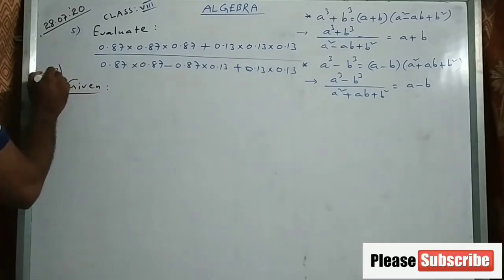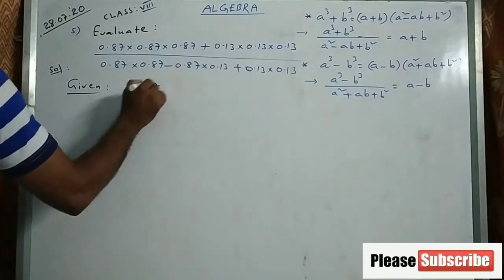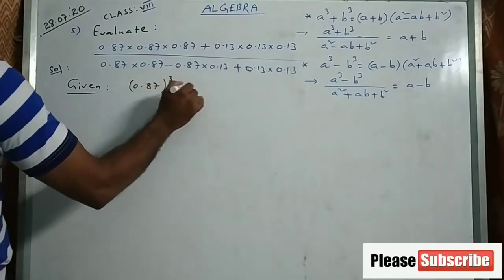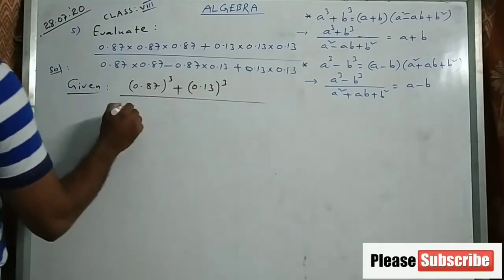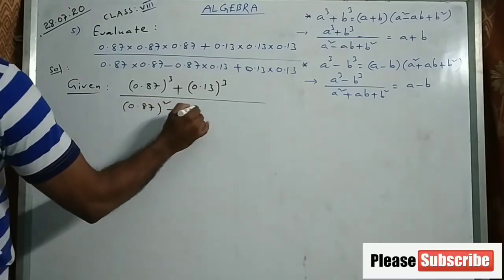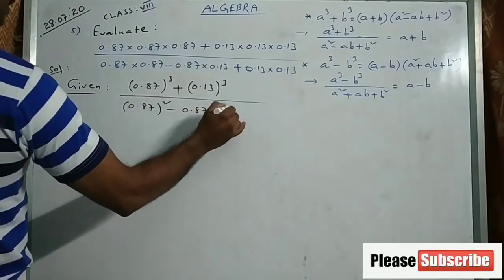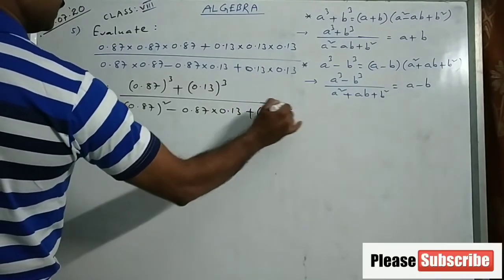So usual multiplication takes more time. So it is a shortcut. 0.87 whole cube plus 0.13 whole cube upon 0.87 whole square minus 0.87 into 0.13 plus 0.13 whole square.